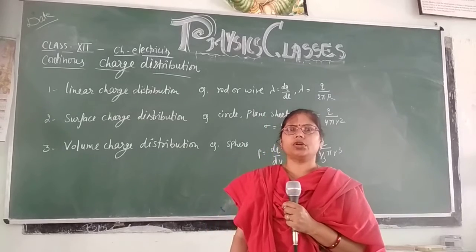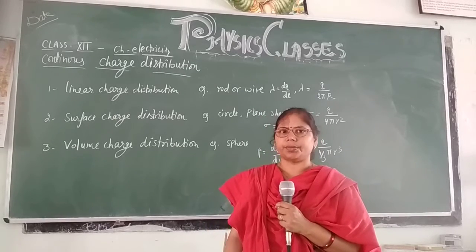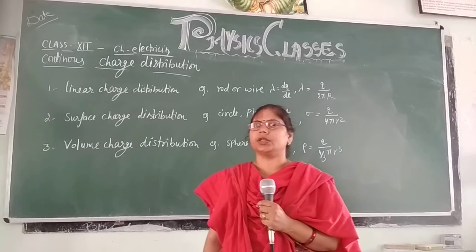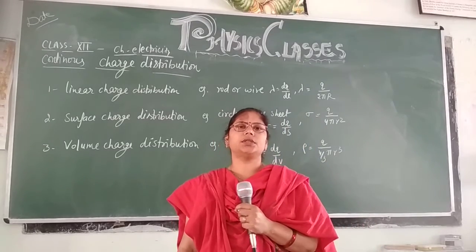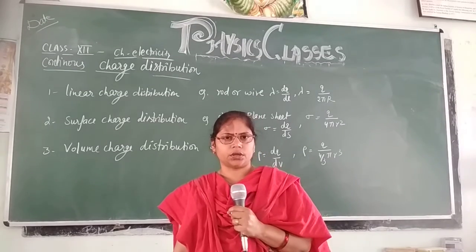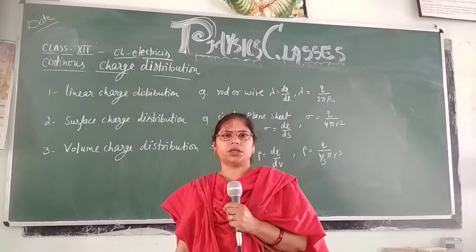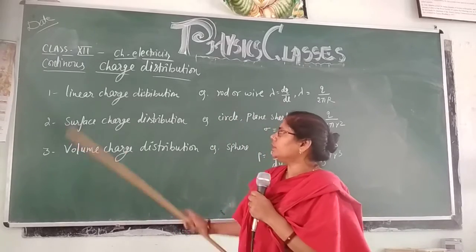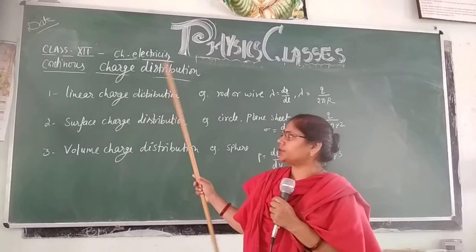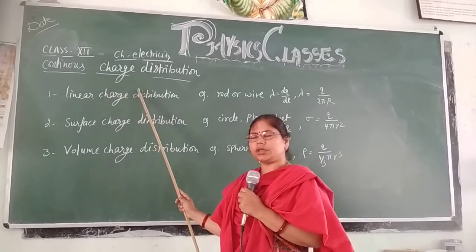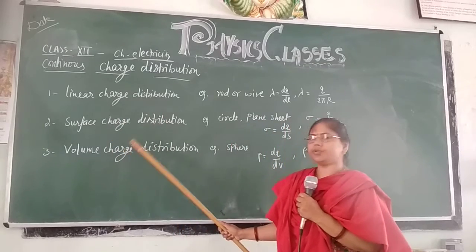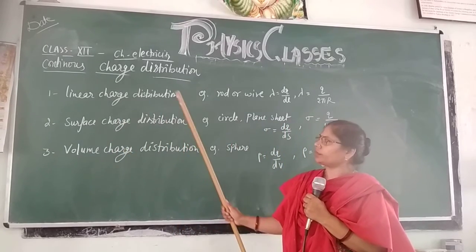This spreading of charge in a continuous manner is known as a continuous charge distribution. It has three types: linear charge distribution, surface charge distribution, and volume charge distribution.